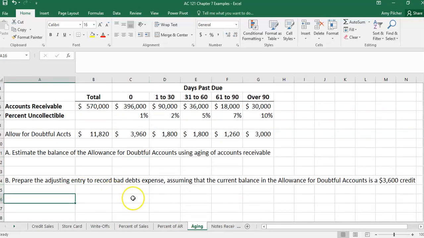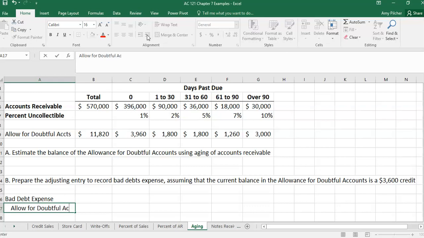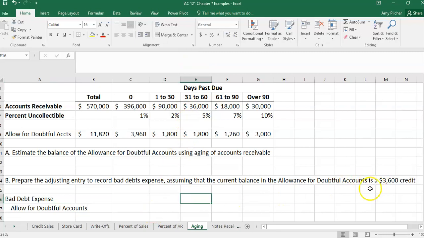Now we have our adjusting journal entry. So we need the adjusting entry to record our bad debt expense and a credit to allowance for doubtful accounts, assuming that we already have a $3,600 credit balance in allowance for doubtful accounts.